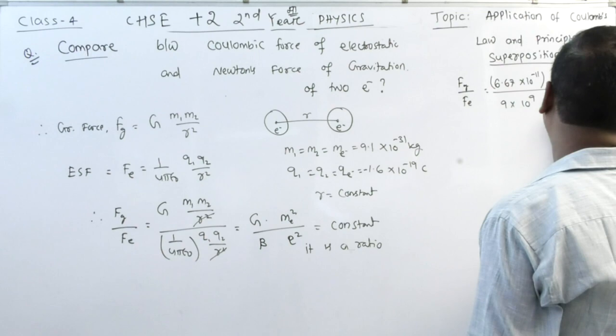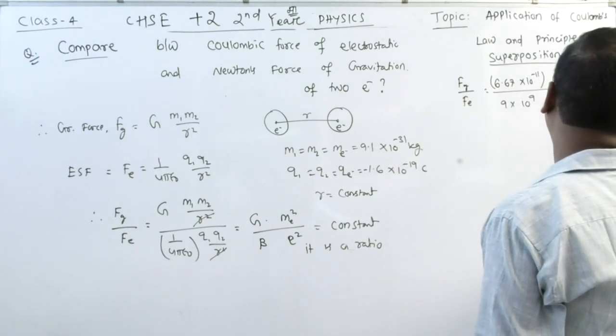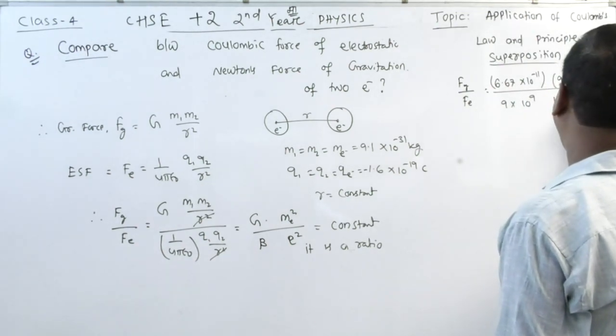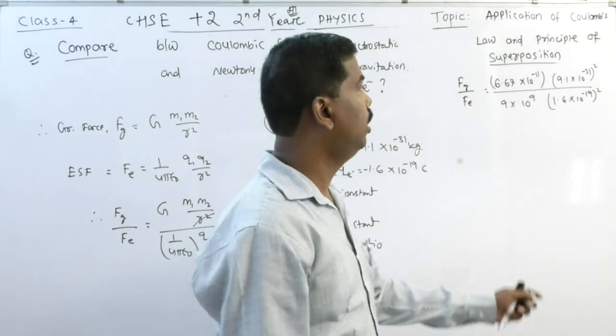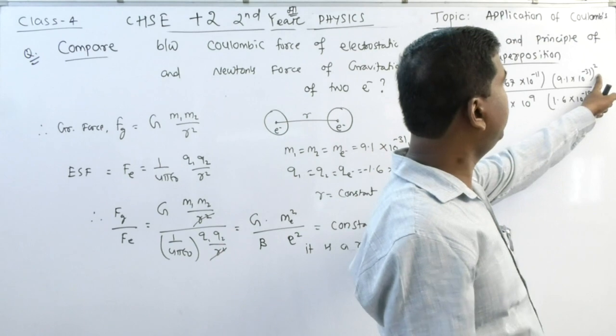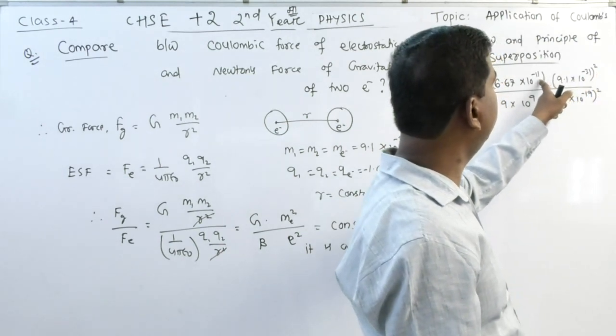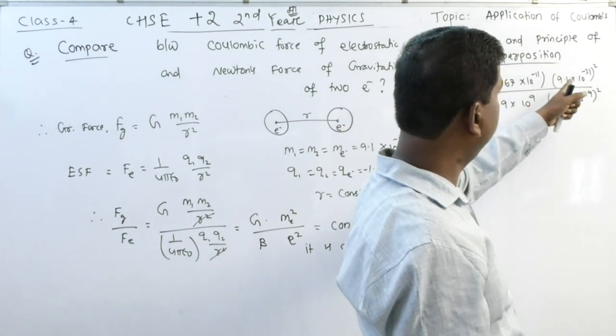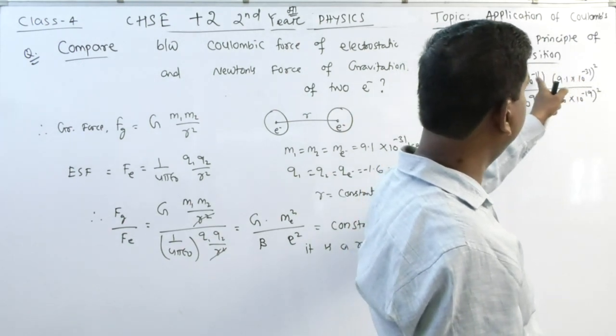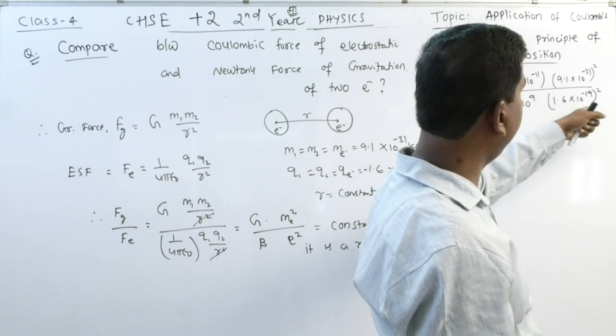E square means 1.6 into 10 to the power minus 19, squared. Okay? If you solve it, minus 31, 31, 62, 62, 11, 51, 62, 73, 73, 38.